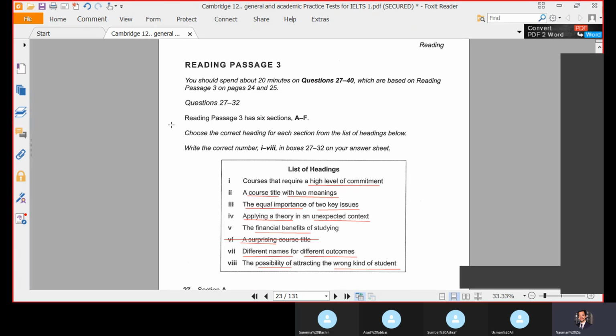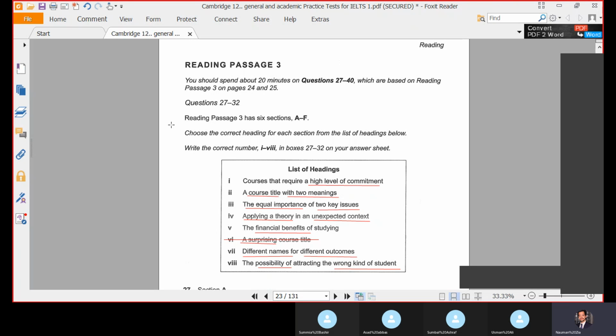Last, I have told you to focus on the discussion after the but, right? And after the but, he did not talk about the topic, right? Okay. Third is not, let's see at the end if it can be the correct answer or not. Fourth, applying a theory, that one is done. Fifth, financial benefits, no. Seven, different names, different outcomes, maybe.